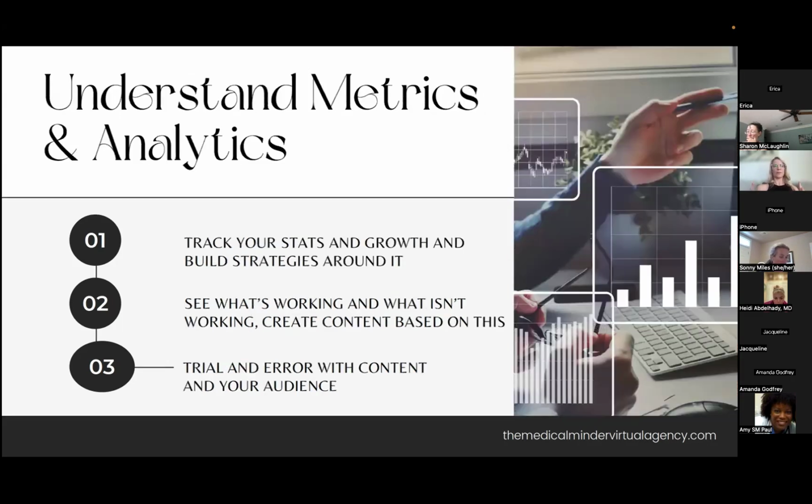Yeah, so another way to create your content is based off understanding your metrics and analytics. Luckily, TikTok offers analytics, YouTube does, Facebook does, Instagram does, I think even Pinterest now does too. So having these types of metrics to be able to track and see every month.